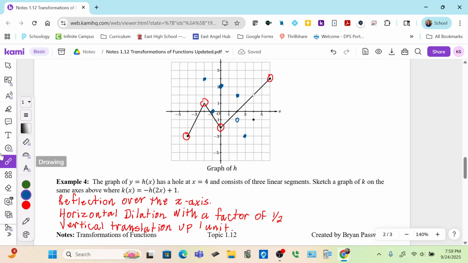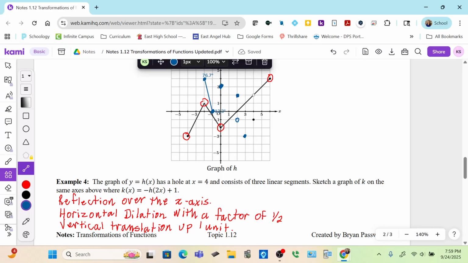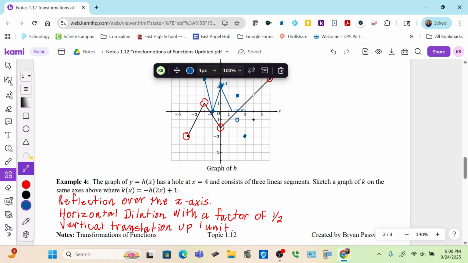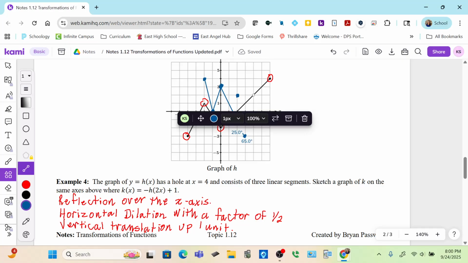So I'm going to take my line tool here, and I'm going to connect my consecutive points. And yeah, that takes care of all of it.